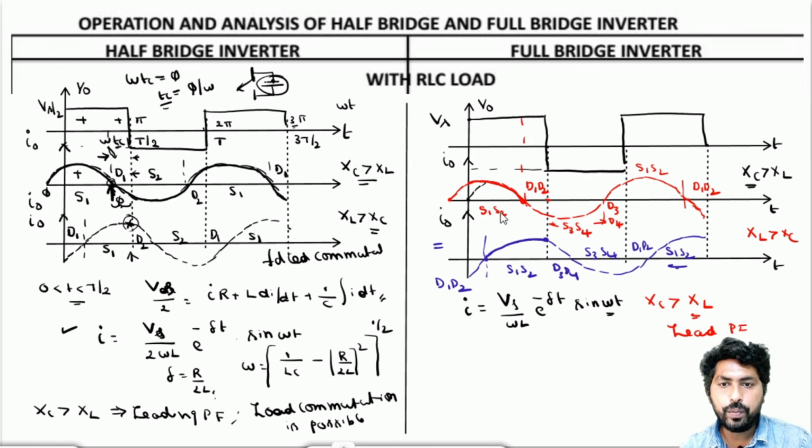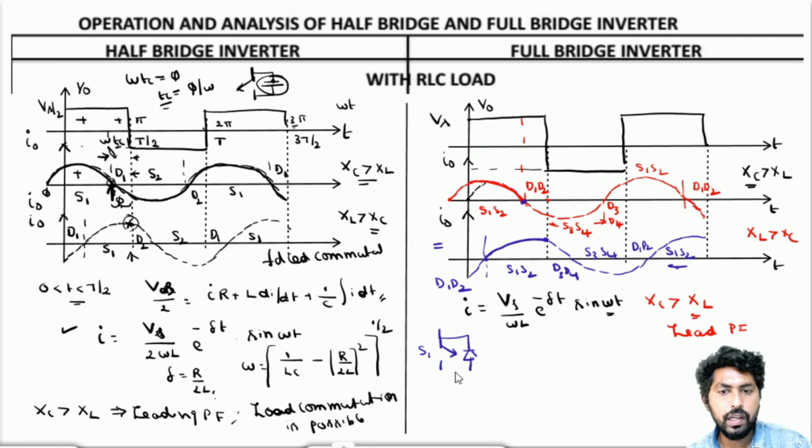Here also, consider the circuit turn off time, that is when S1 is off. When S1 is off, what happens? Some reverse voltage should be applied across the device by turning on D1 and D2. Here also it is a switch with anti-parallel diode, S1 and D1. What happens at this instant, that is pi minus pi to pi?